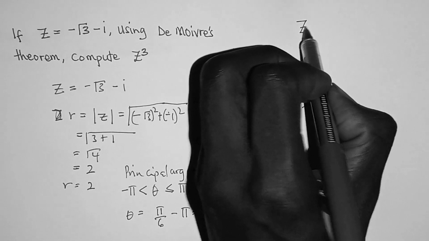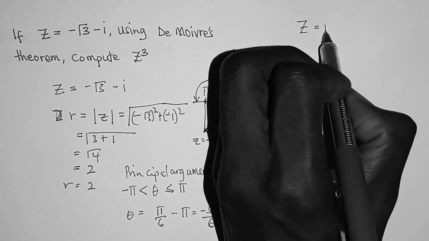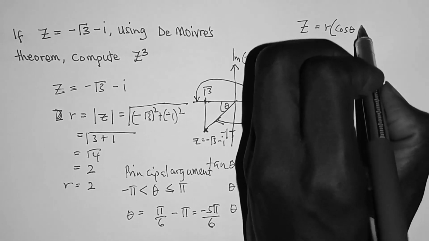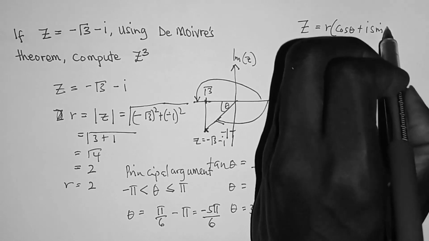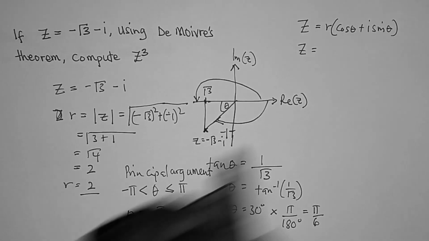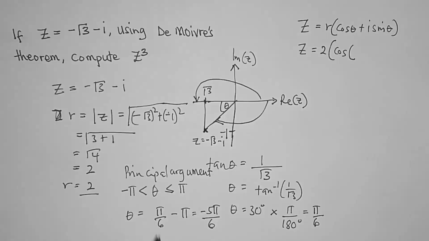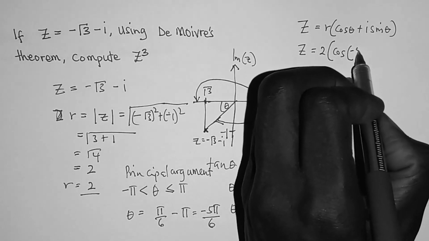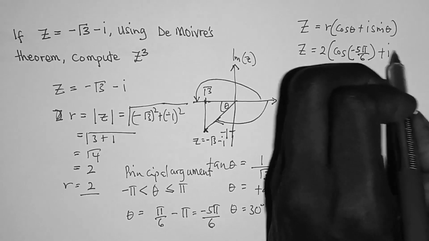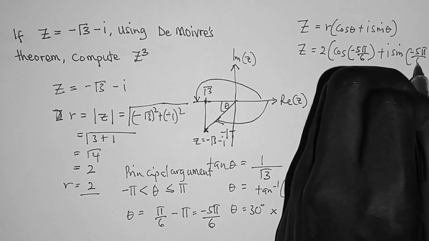So the complex number in polar form, z, is equal to r times (cos theta plus i sine theta). So z is equal to, r is 2, then cos theta, theta in this case is minus 5 pi over 6, then plus i sine of minus 5 pi over 6.